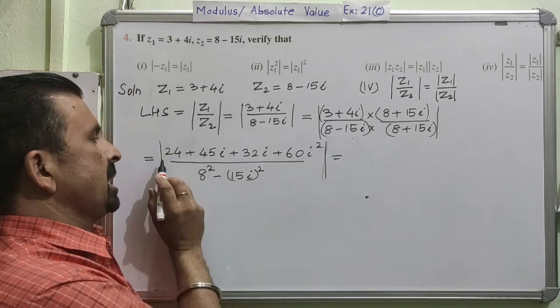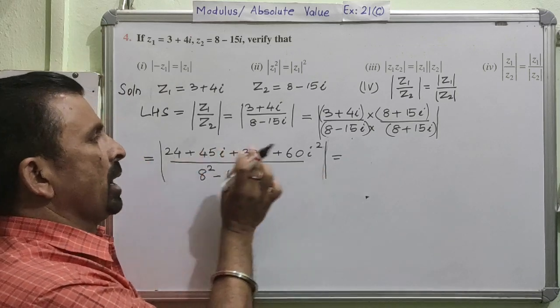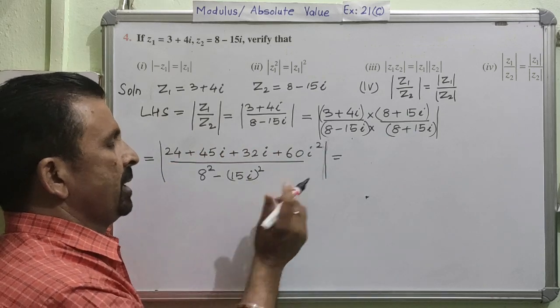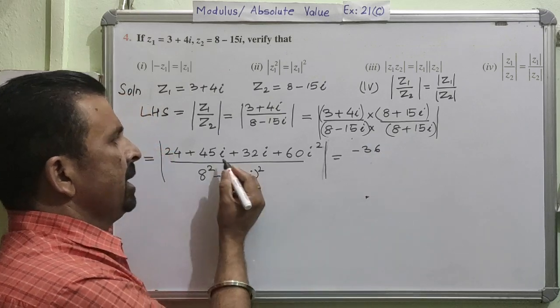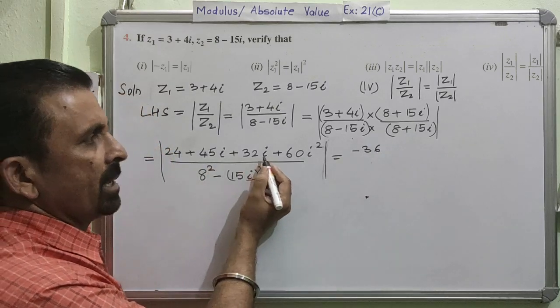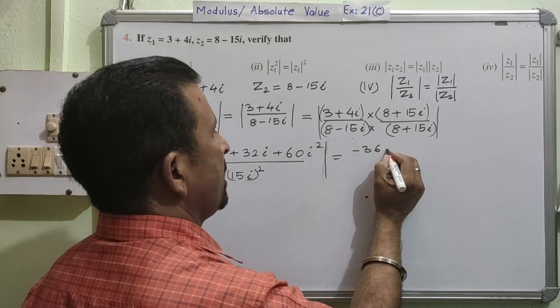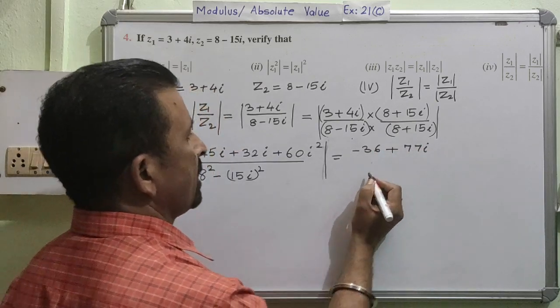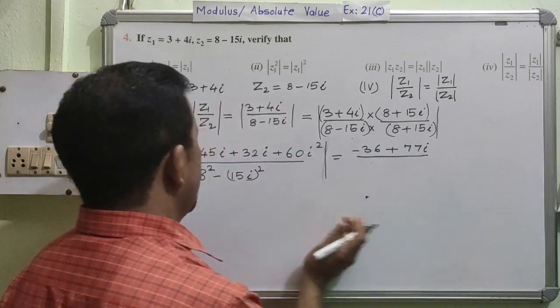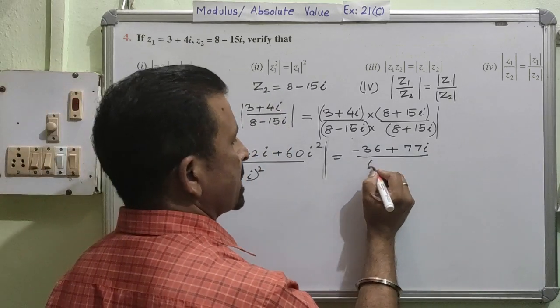So this is minus 60 and this is positive 24. That means these two are like terms, so they can be simplified together. So the result will be minus 36, right? And then 45i and 32i are like terms, so they will be simplified together. It will become 77i. This is the numerator. Denominator, we are coming down. Now this is 8 square, which will become 64.